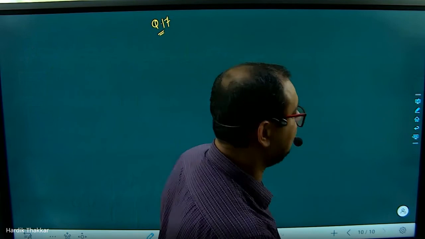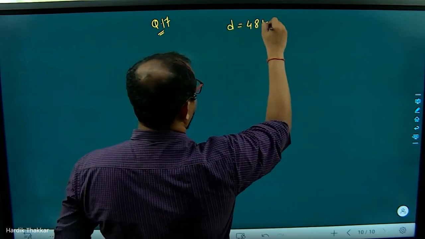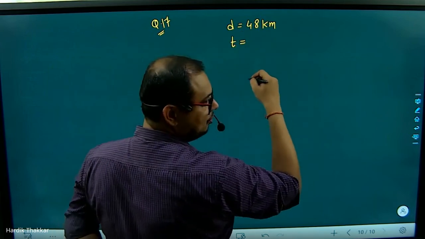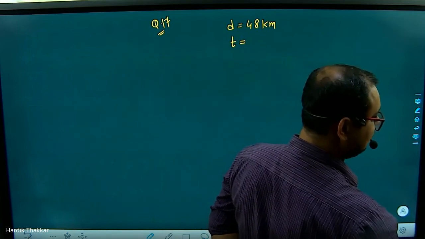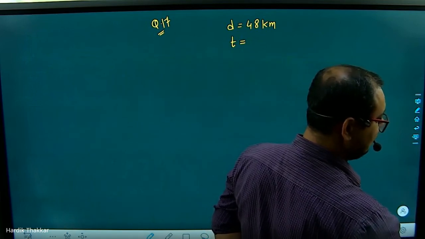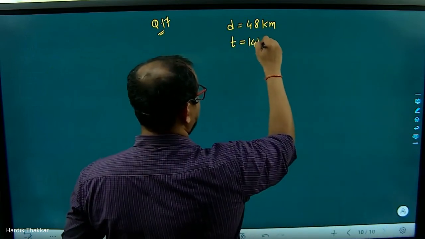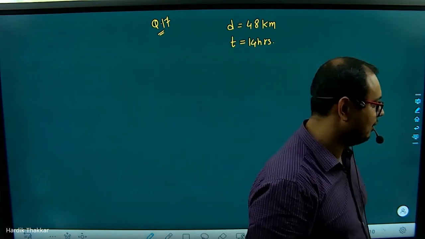Okay, so D is given. D is 48 kilometer and the time is given. It is the total travel time for to and fro both, for going to that place and coming back. So the total time is 14 hours. From the first statement, these two things are clear.